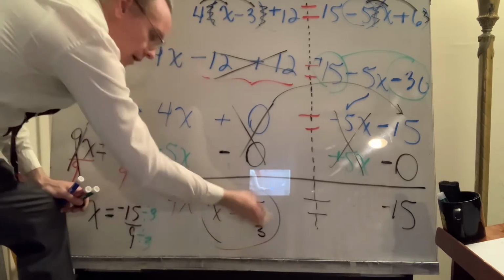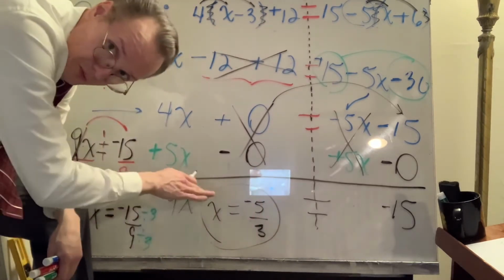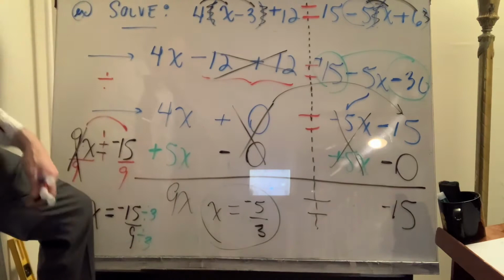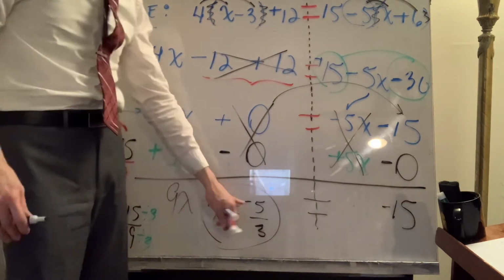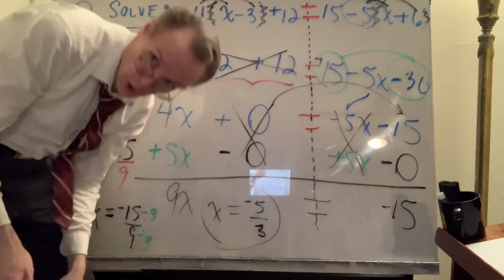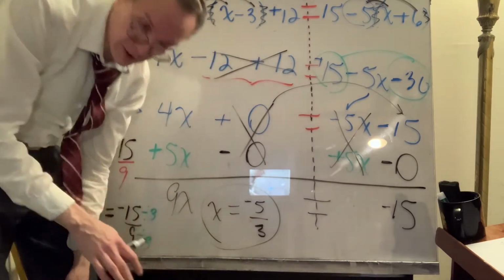Believe it or not, the improper fraction, as long as it is in simplest form, is preferred in algebra. So if you get something like that, even though it's not really conducive to ordinary conversation, you don't go up to people and go, I like negative 5/3 of something.